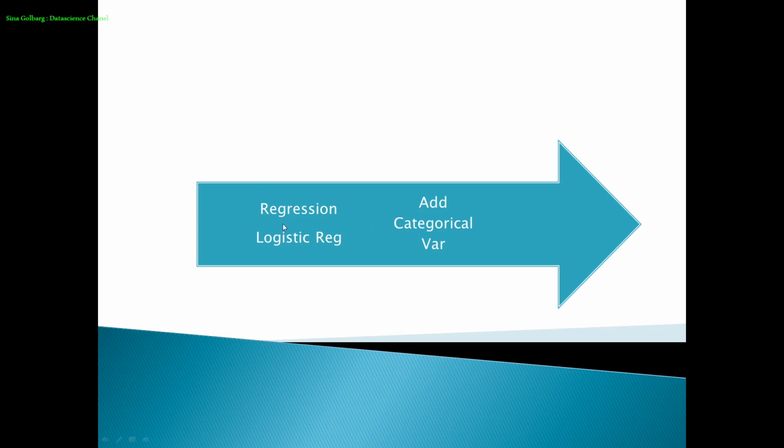But here we are talking about the traditional methods. As you know, these two methods don't accept categorical variables. So what we need to do is convert them to numeric variables.